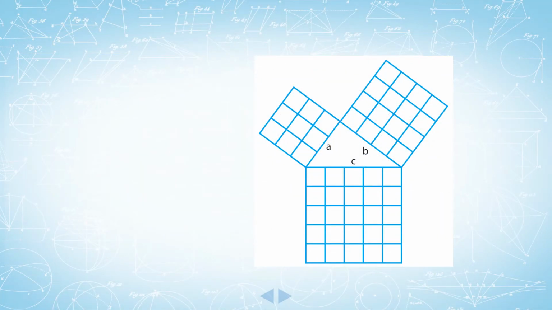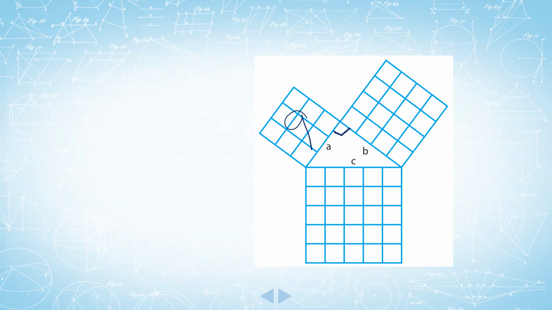So let's look at how we can visualize this. We have a right triangle here, and then we have the squares drawn in. This shows us that if side A, and this is our right angle right here, is 3 units long, 1, 2, 3, and we square that, then we get 9 units here.